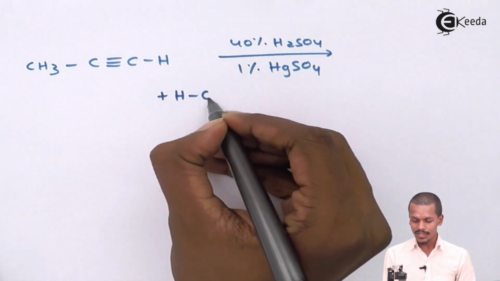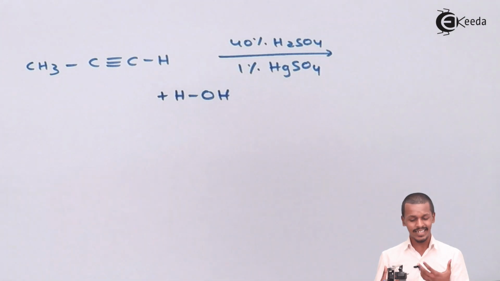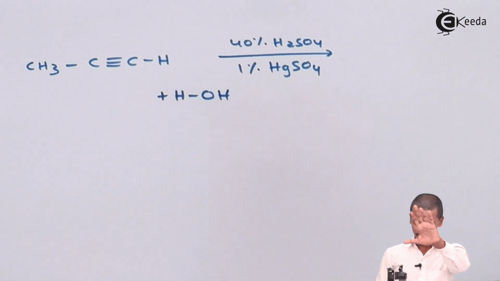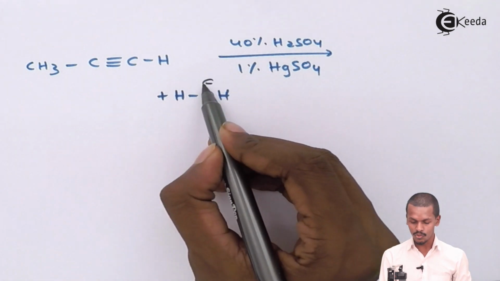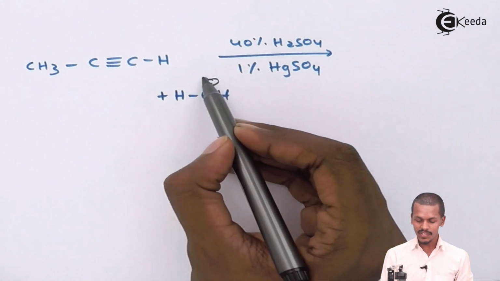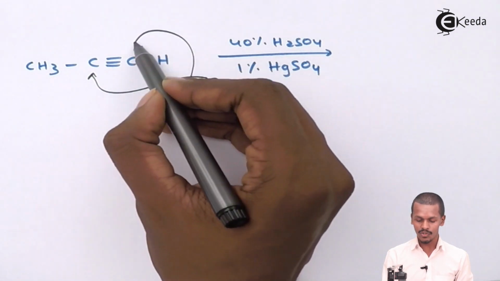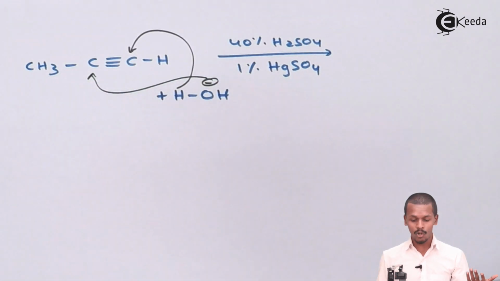The negative part of the reagent would be retained as a catalyst. It is the OH minus, the negatively charged group, that will attack the carbon atom which has the lesser number of hydrogen atoms. That is the reason OH will attack over here, while hydrogen will attack this carbon atom, resulting in the formation of an alcohol.